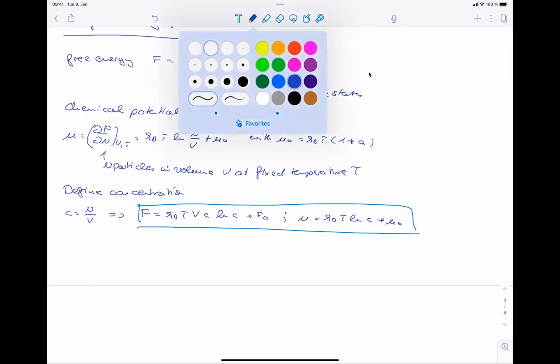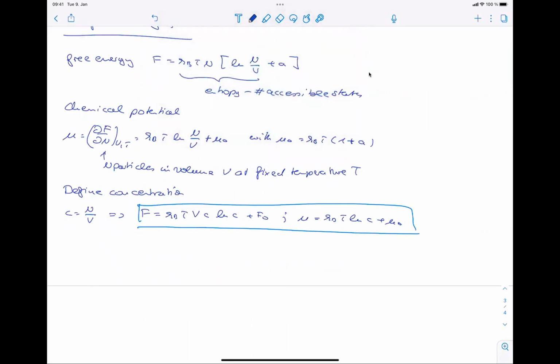So what does it tell us? What can we read off from this dependence already for the chemical potential? So if I plot the chemical potential versus the concentration, it has this logarithmic behavior.